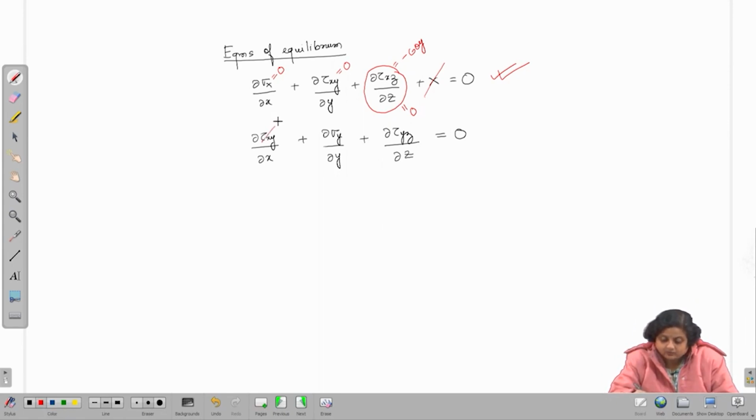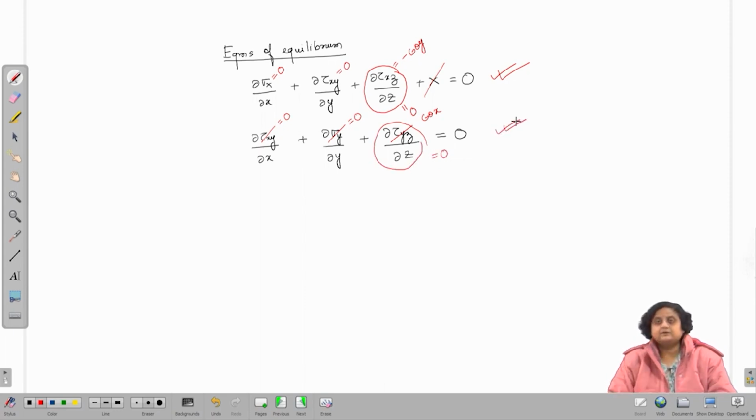So, tau xy is anyhow equal to 0, sigma y is 0, tau yz is G theta x. Again, it is not a function of z, therefore, this whole term goes to 0. So, therefore, this equation is also satisfied. Let us go to the third equation.